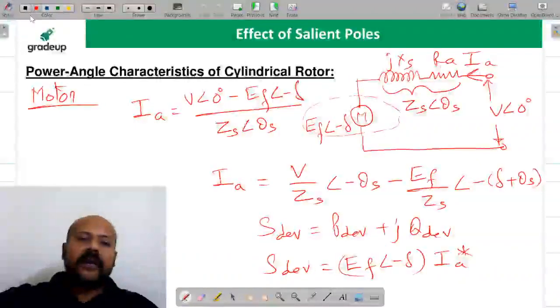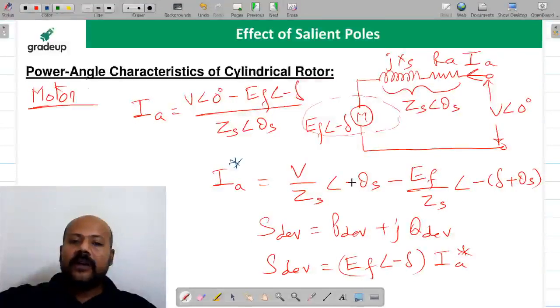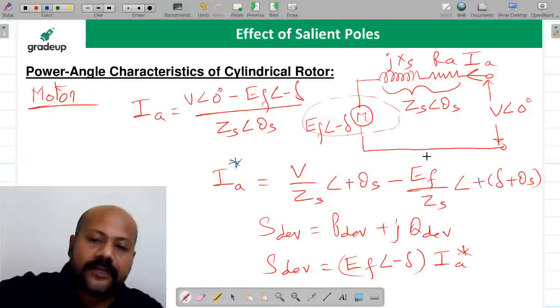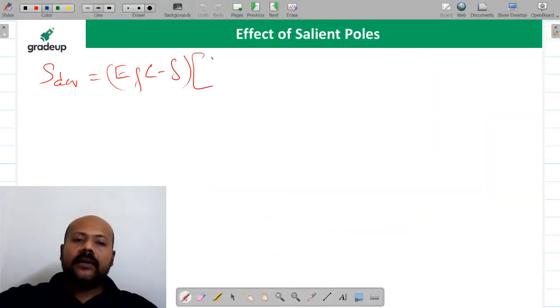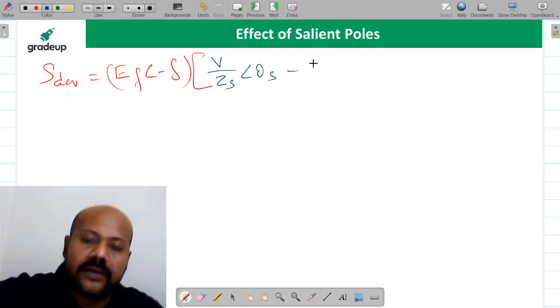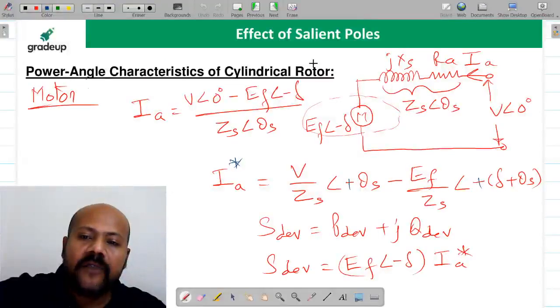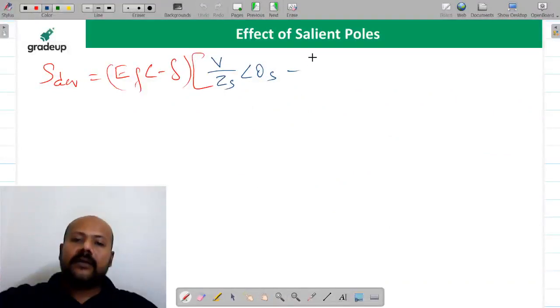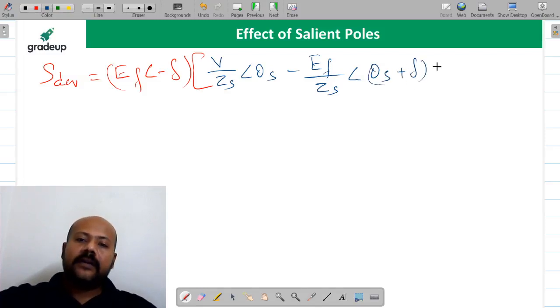If I have to write the complex conjugate of the current, this angle is going to be plus and this angle is going to be plus. So we can write V upon ZS angle theta S minus EF upon ZS, EF upon ZS. This is going to be angle theta S plus del.